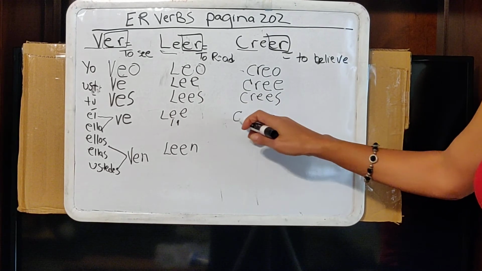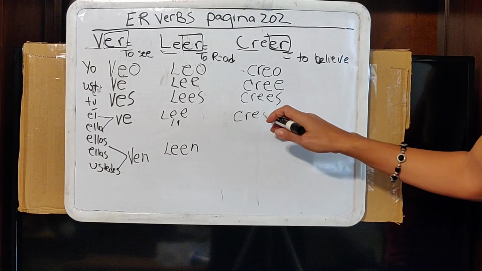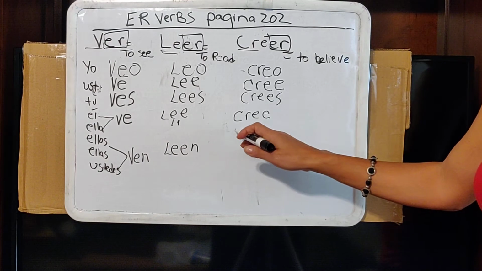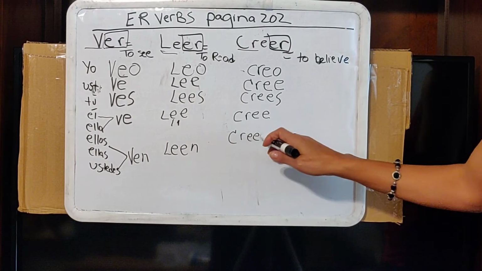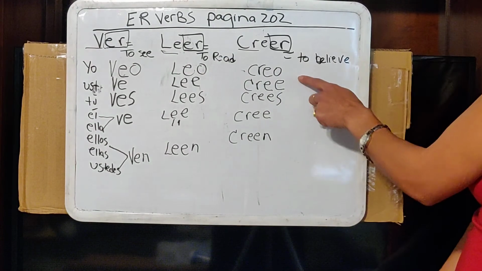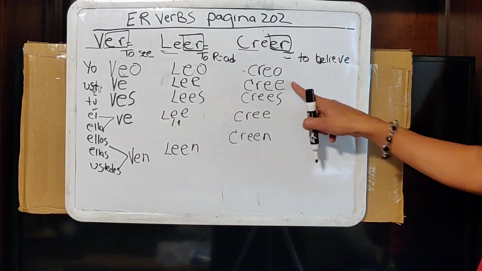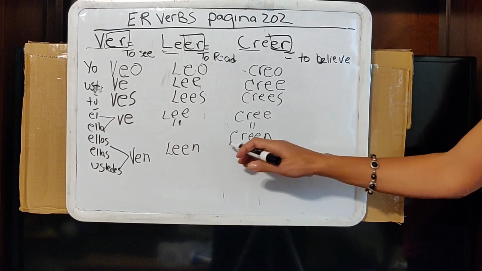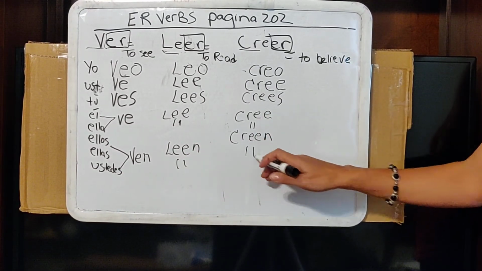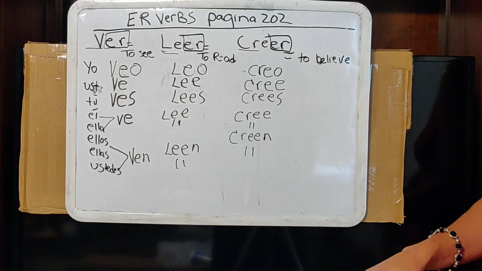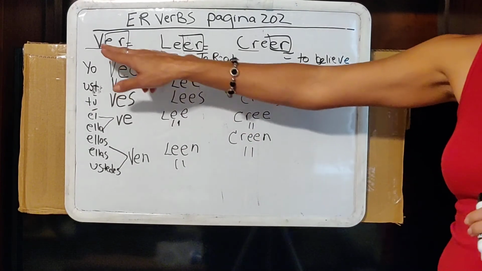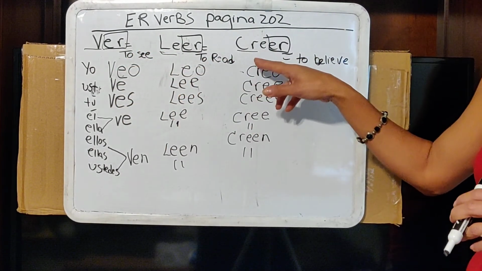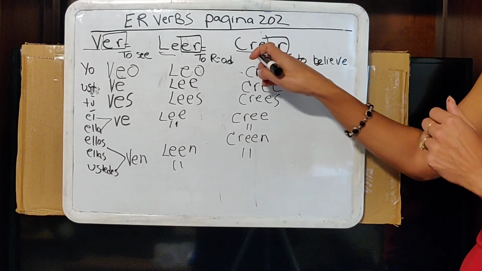Él, ella cree. Ellos, ellas, ustedes creen. Okay? So we have yo creo, usted cree, tú crees, él, ella cree. Ellos, ellas, ustedes creen. We have the plural and the singular. I want you to remember the root of ver is only V. The root for leer is LE, and the root for creer is CRE.